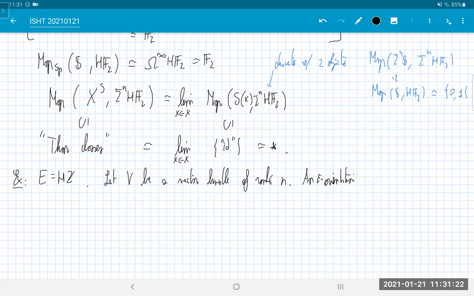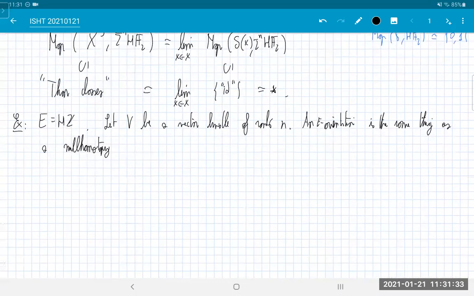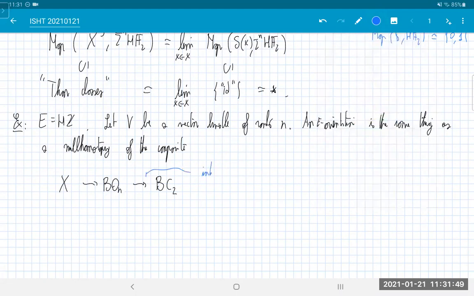An E orientation is the same thing as a null homotopy of the composite X goes to BON goes to BC2, where this map is induced by that ON to C2.